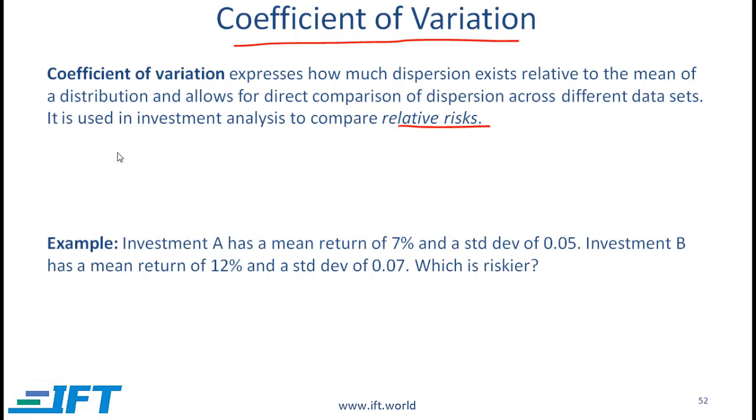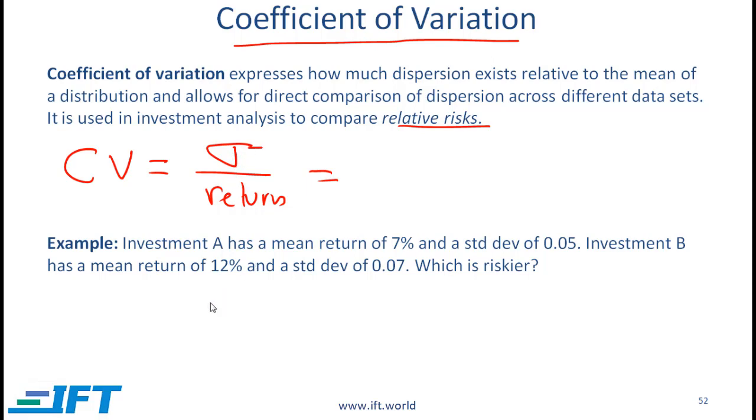A simpler way of putting it is that the coefficient of variation is simply your variation per unit of return. In other words, if your coefficient of variation is high, that means that the investment is relatively risky because for every unit of return, you have relatively high variation.